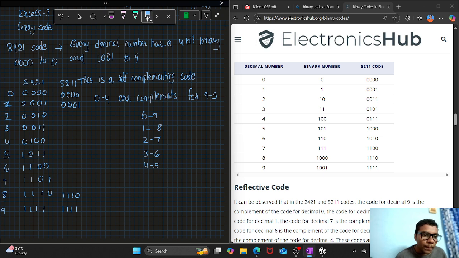Okay, and for 2, you can write 0011. If you write this, then this should be 1100. Actually, for 2, you can write this also, right? 0100 technically, but the complement will become 1011, which is also correct.